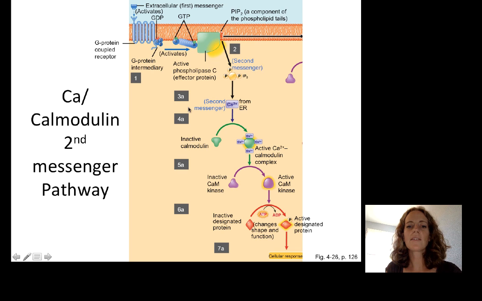Here's a view of the calcium calmodulin pathway. Even though there's a couple of extra molecules in there, you'll see that it's very similar to the cyclic AMP pathway. So here's the chemical binding to the receptor, a G protein coupled receptor. The G protein is activated, which activates the effector. Here this is phospholipase C, which will then convert PIP2 to IP3.